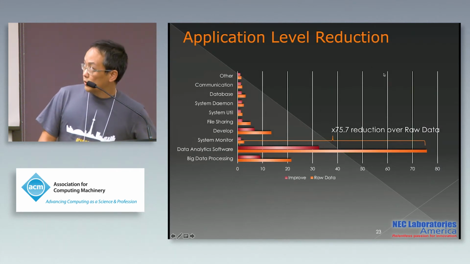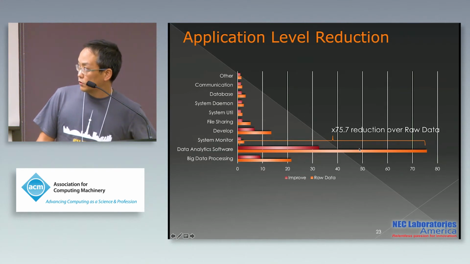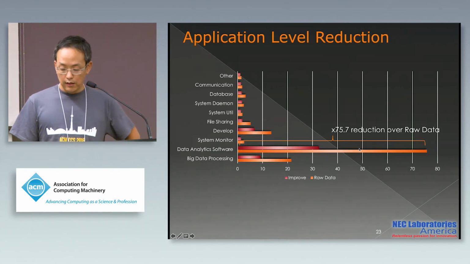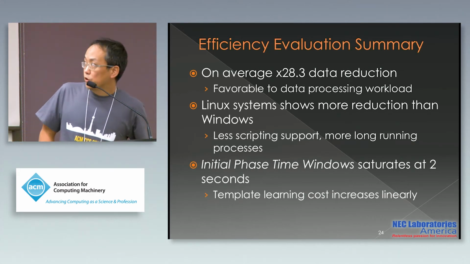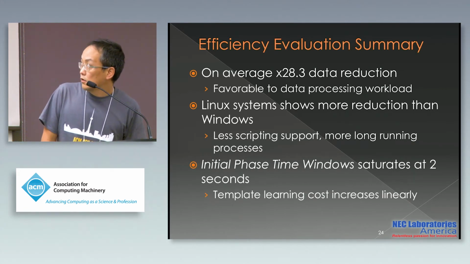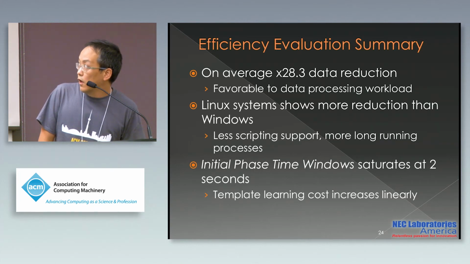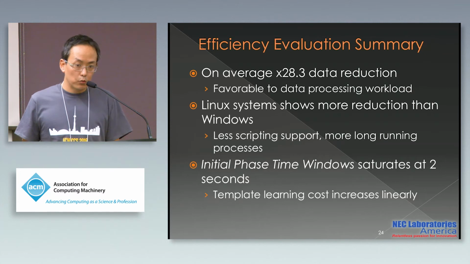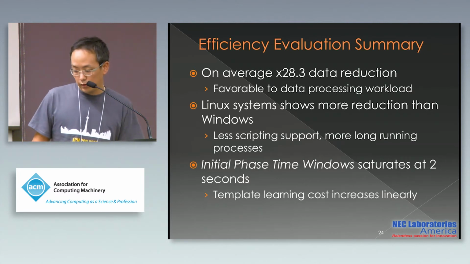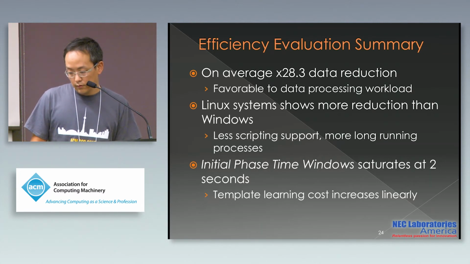Application event level reduction was also consistent with our previous result. In summary, our efficiency evaluation shows about 30% data reduction on average, and for a specific type of workload, we could achieve 75% data reduction.